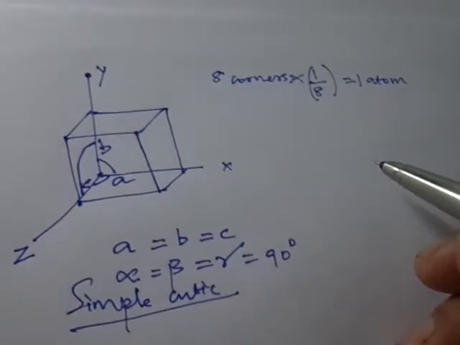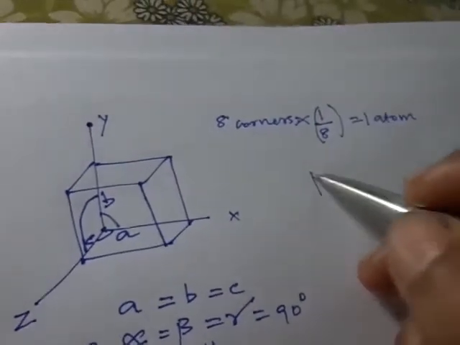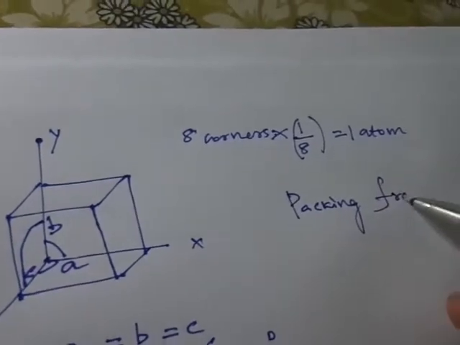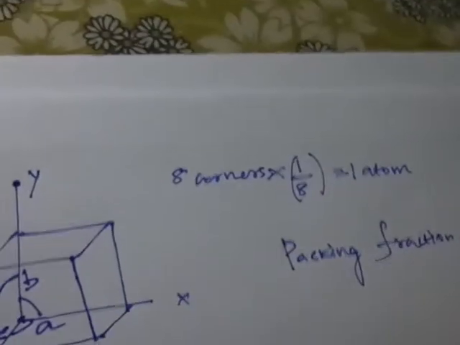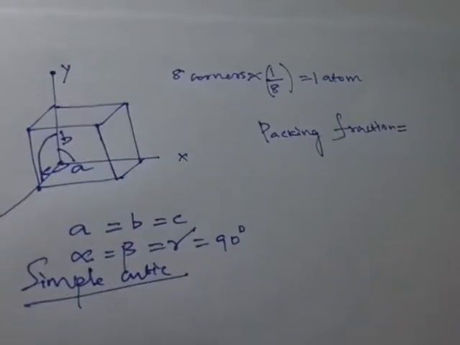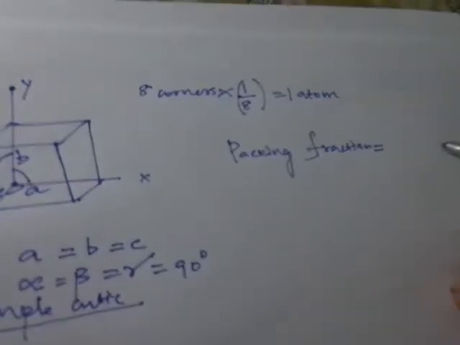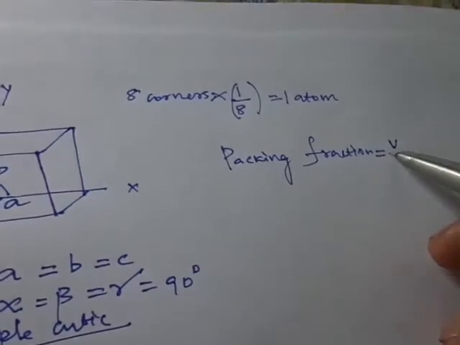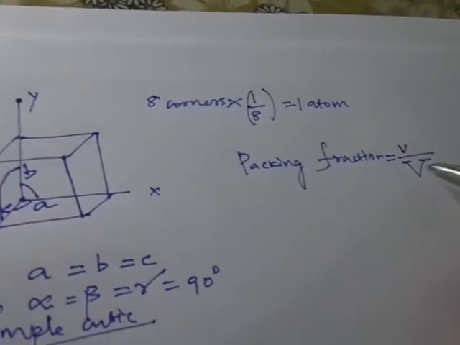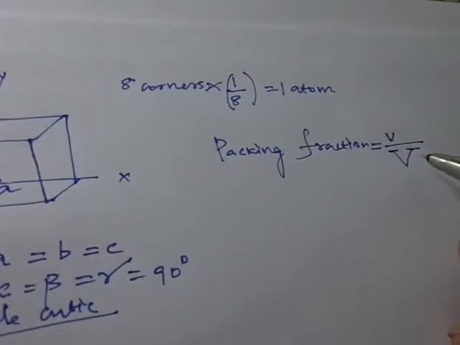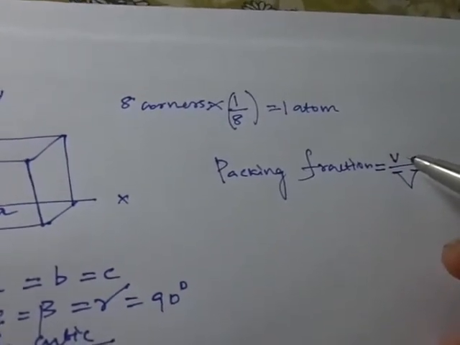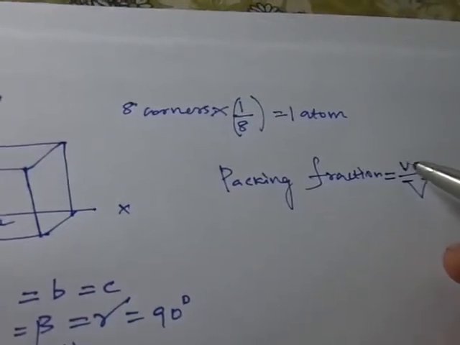So when it comes to packing fraction calculation, packing fraction is the volume of atoms present inside the unit cell divided by the volume of the unit cell. So I represent it with a small v divided by capital V. Volume of the unit cell is capital V, and the volume of the atoms present inside the unit cell is represented in small v.